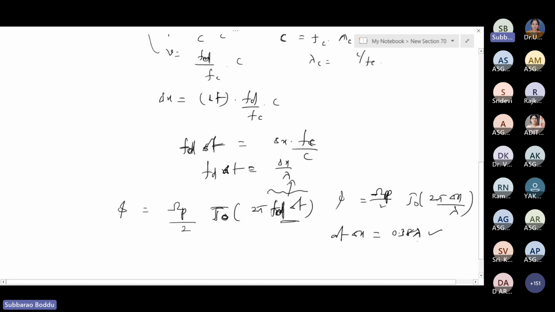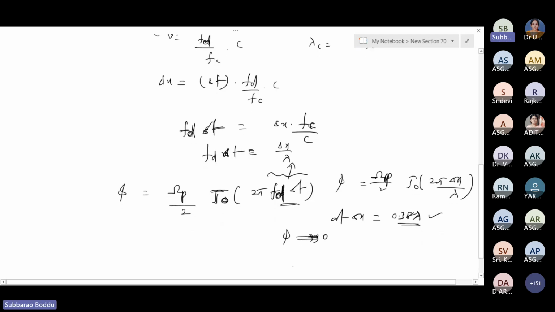At delta x equal to 0.38 into lambda, the correlation is basically 0, tends to 0. It means that we get uncorrelated signals.